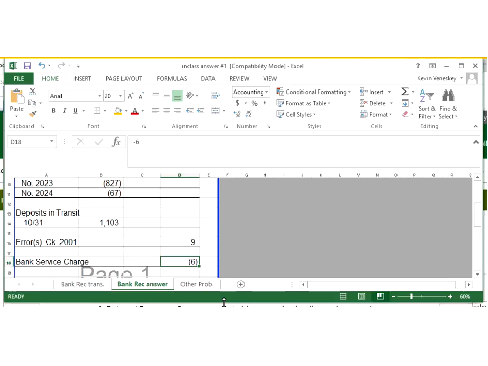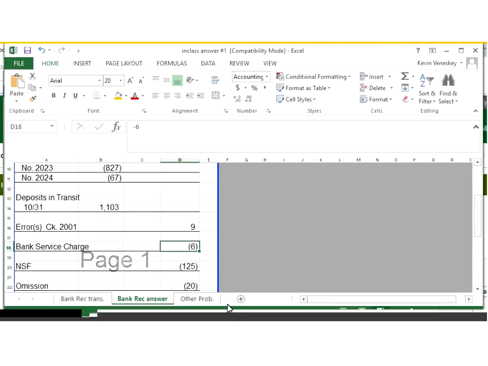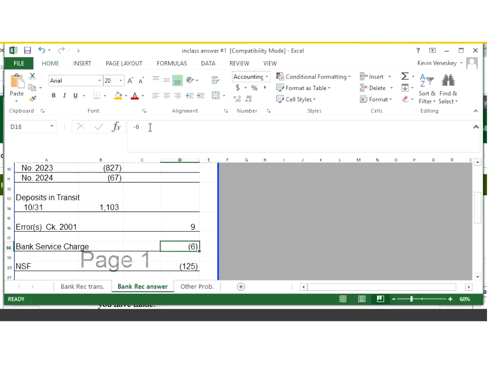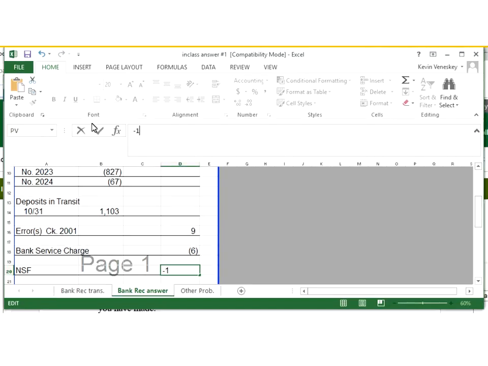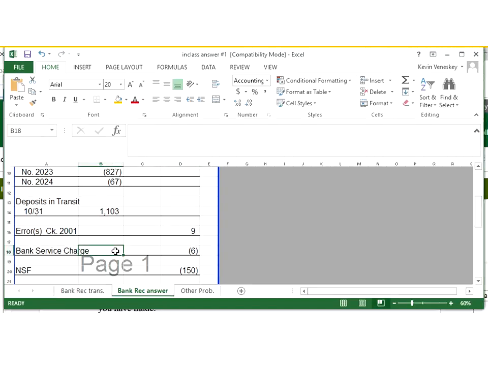We'll do the bank rec first. Remember, there's always two things we do on the bank rec when it's on our side. The first thing I need to show is, and I need to update this, is this is actually $150 because we had the penalty, plus we had the actual amount, the $125.